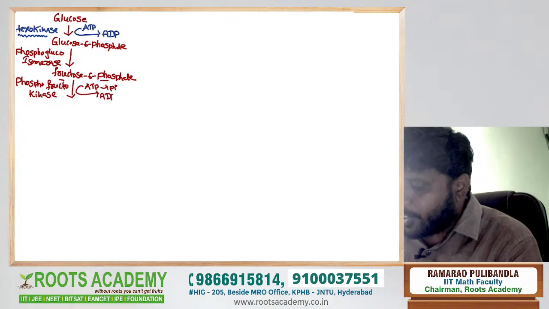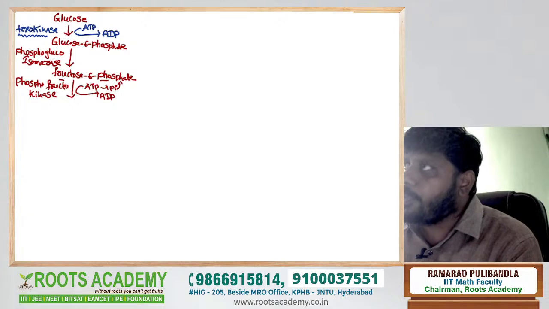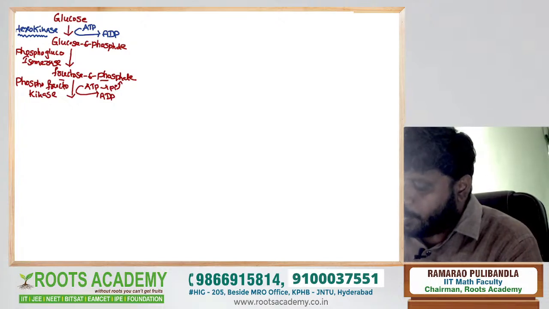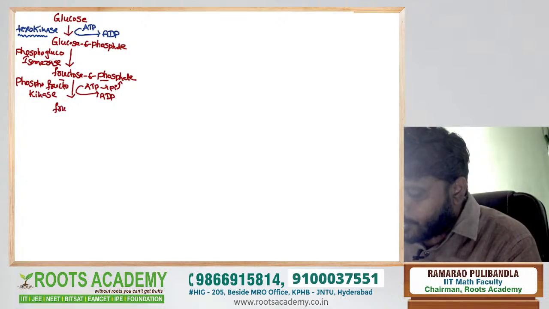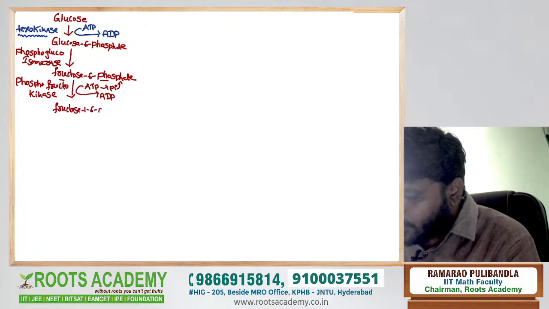ATP is converted into ADP. The removed phosphate is added to fructose 6-phosphate. As a result, it is converted into fructose 1,6-diphosphate.